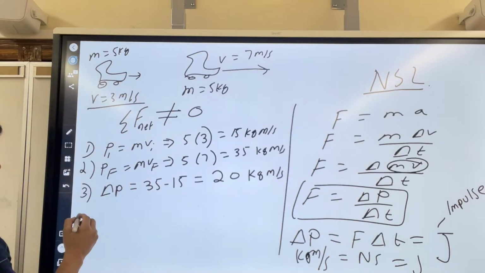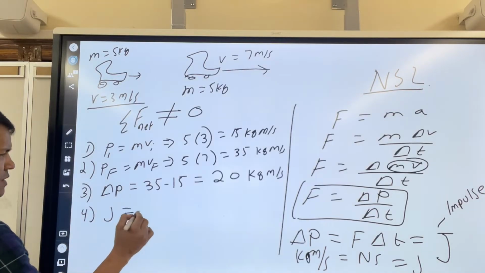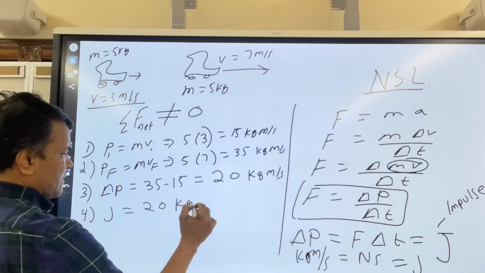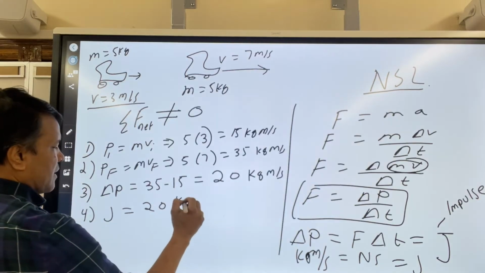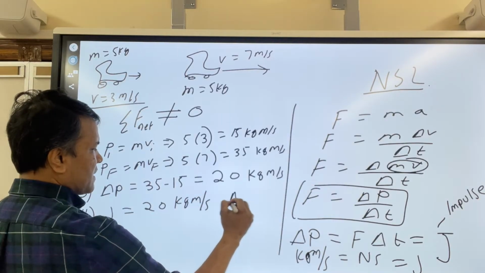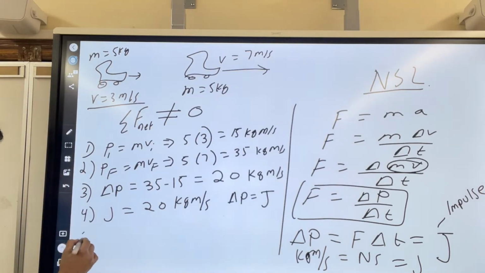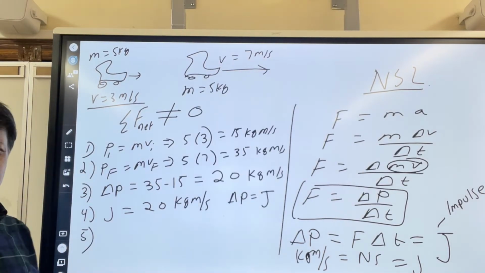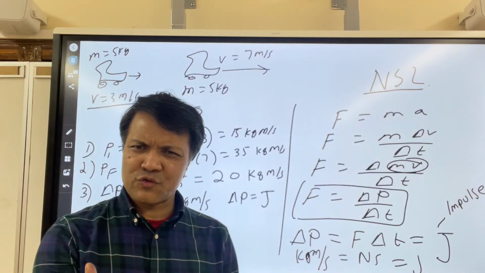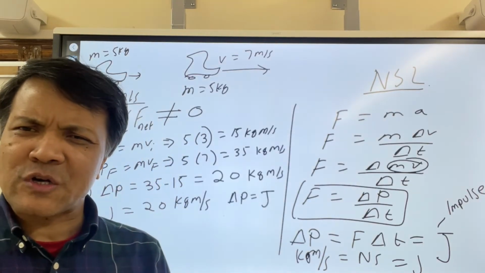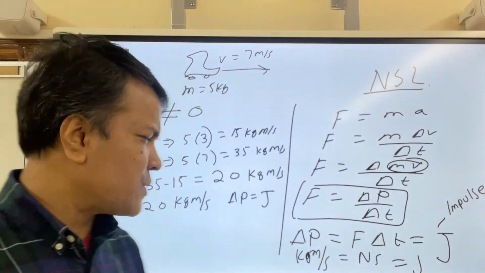Okay, now we want to find the impulse. Number 4, impulse is also 20 kilogram meter per second. Why? Because change in momentum is equal to impulse. They are the same thing. Number 5, if the force is acting for 0.2 second, what would be the force?